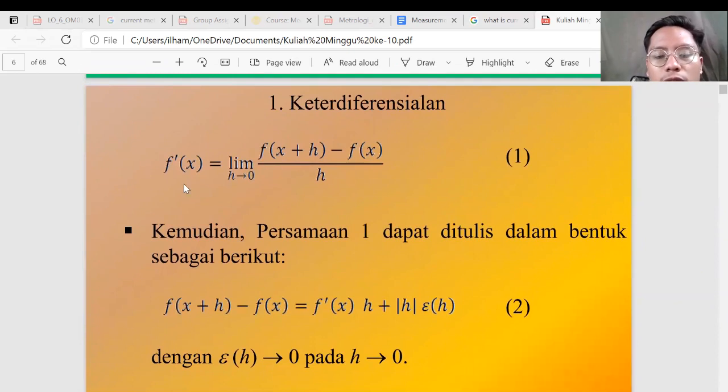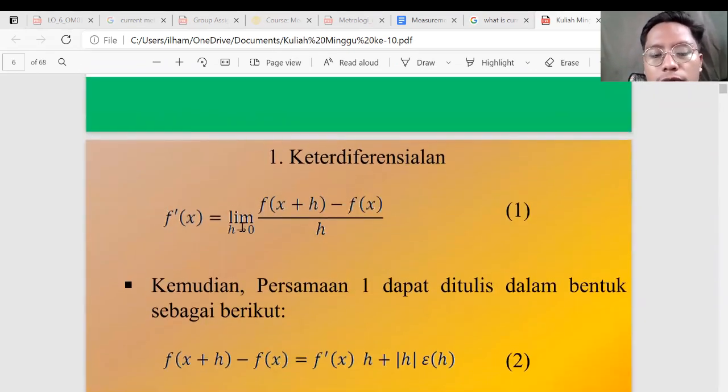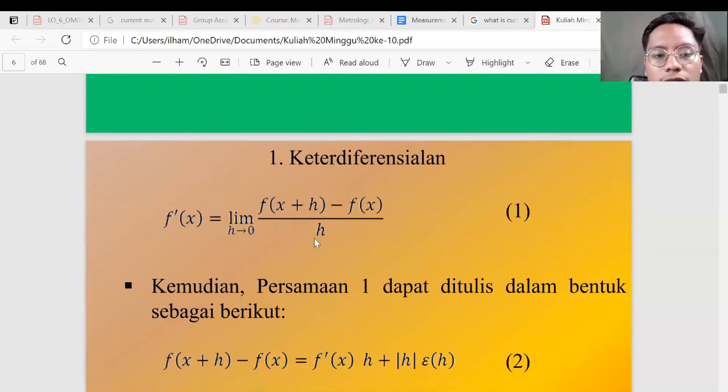So there will be a new formula. It's f'(x) equals the limit as h goes to 0 of f(x plus h) minus f(x), divided by h.